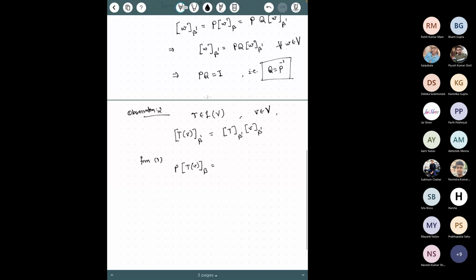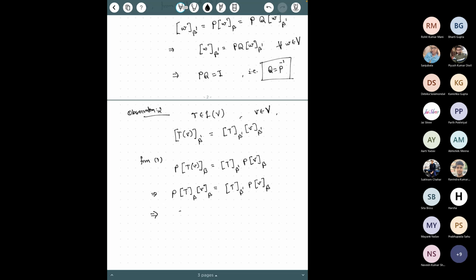And again, if I do the same for the matrix of V with respect to B dash, it is P times the matrix of V with respect to B. Then again, the left hand side, the matrix of T of V with respect to B, is the product of the matrix of T with respect to B and the matrix of V with respect to B. Since I know that this P is invertible, I can take the inverse.